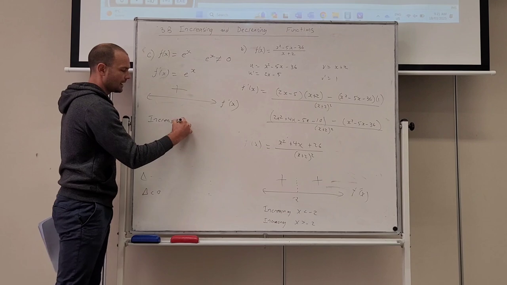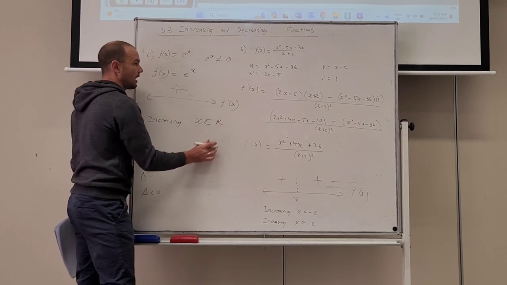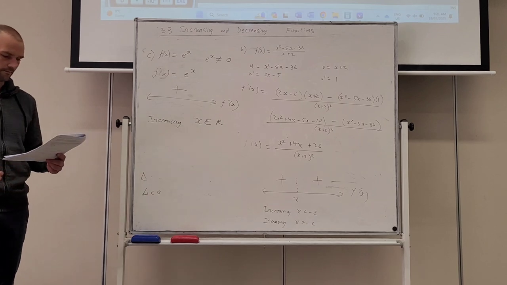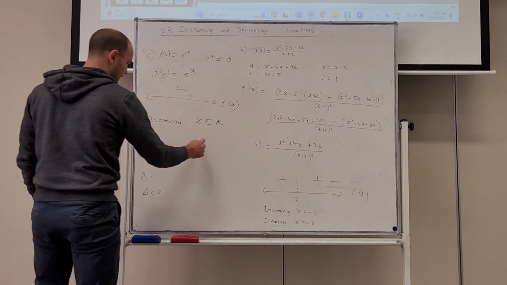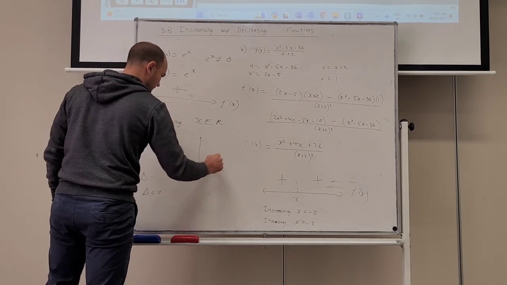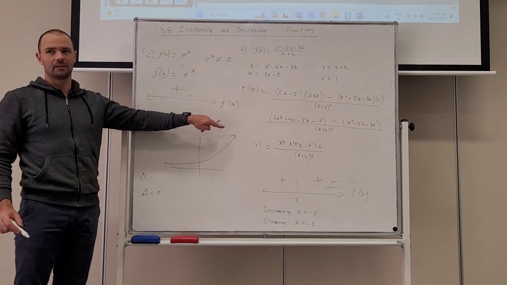It's increasing for all values of x, and so we would write increasing for x in R. Those are the values for which it's increasing. And we can see that anyway from the graph of e to the x. If this is the graph of e to the x, as you walk along from left to right, you are always increasing.